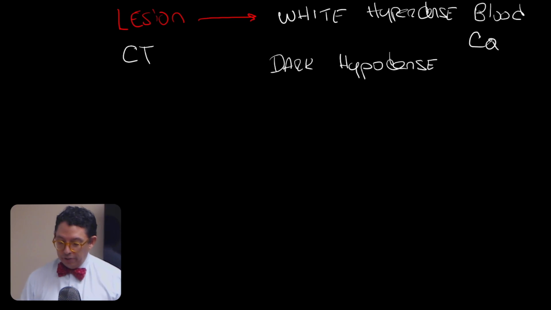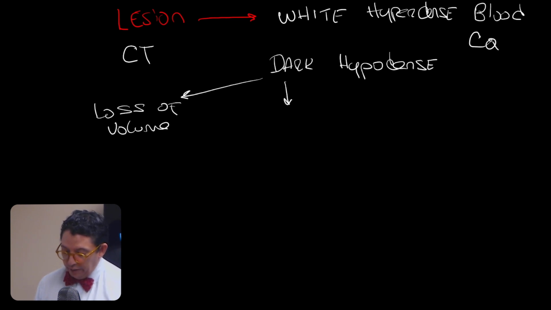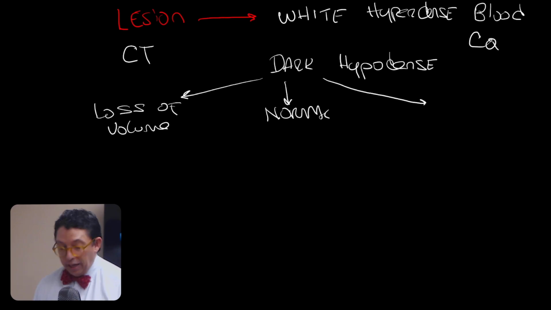So if you have a lesion and around the lesion you have loss of volume and it's dark, that is one thing. The other option is that the lesion has normal volume around it, or the other one is that the lesion has mass effect. So the lesion itself is creating a mass inside of the brain.